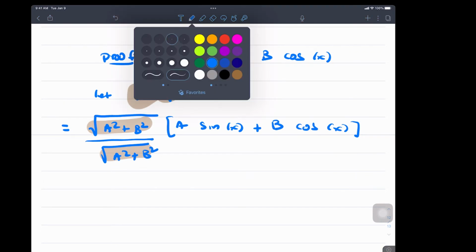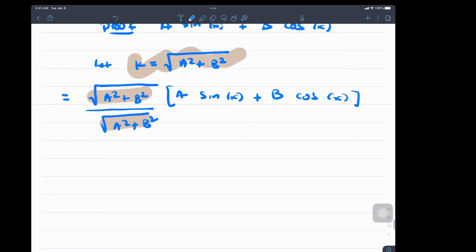Now, I'm going to distribute here. I'm going to leave outside the numerator, and then that's going to distribute to the denominator. Right?